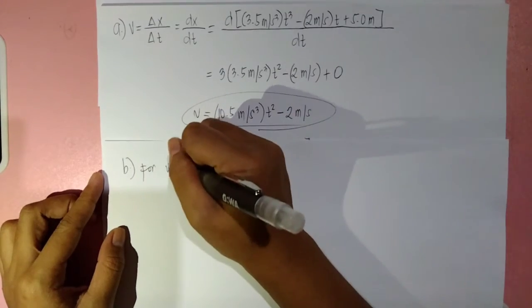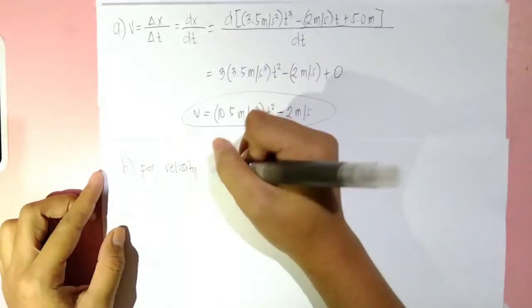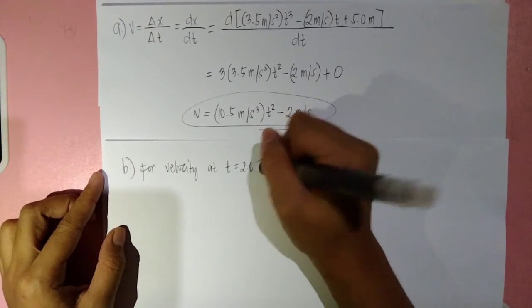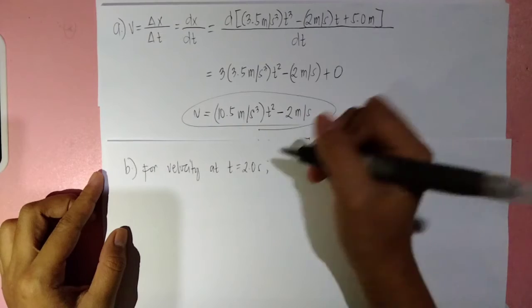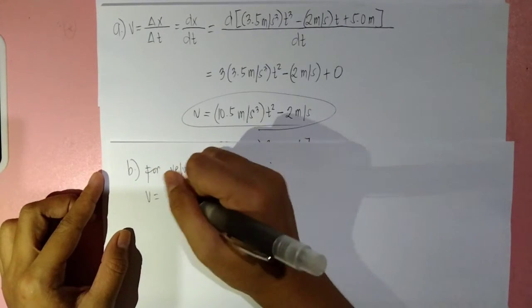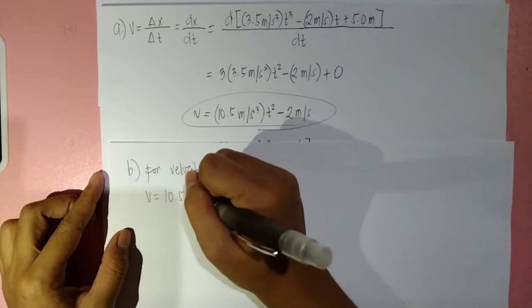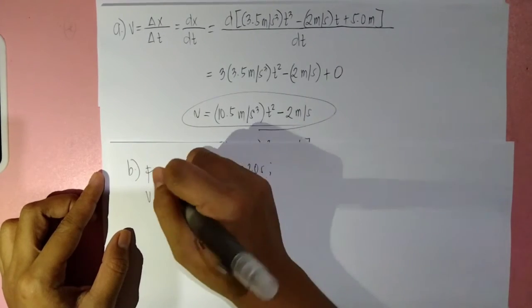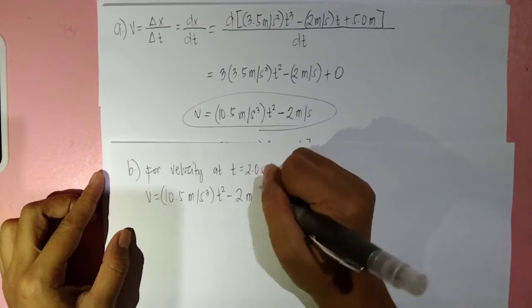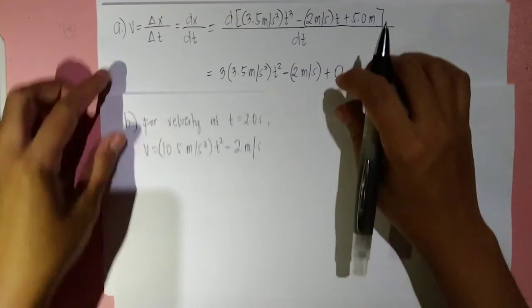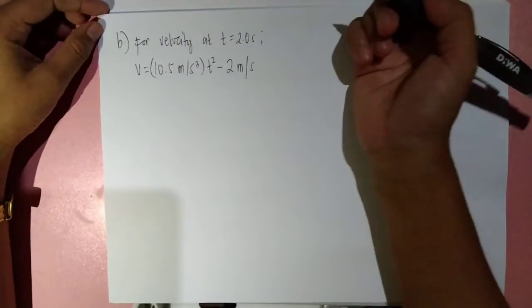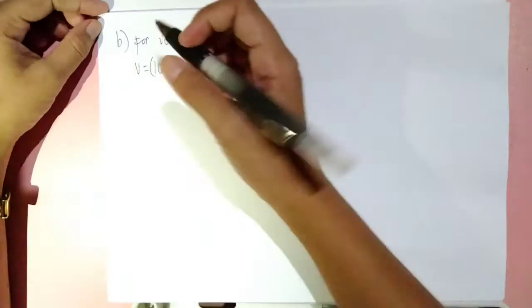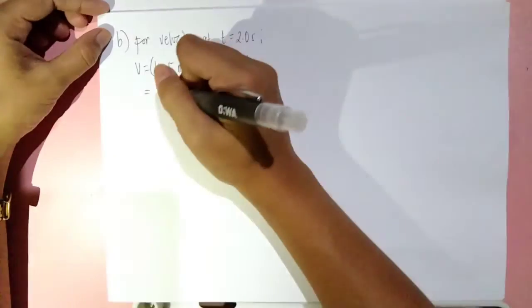So for velocity at time 2.0 seconds, V equals 10.5 meters per second cube times t squared minus 2 meters per second. Okay, we simply have to substitute these 2 seconds here in this equation.